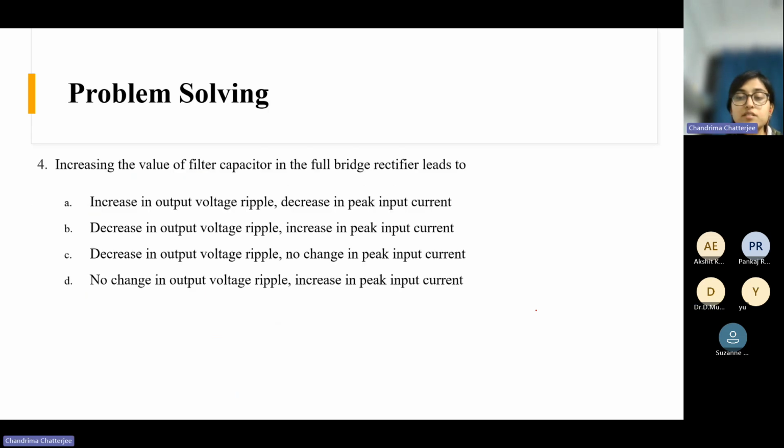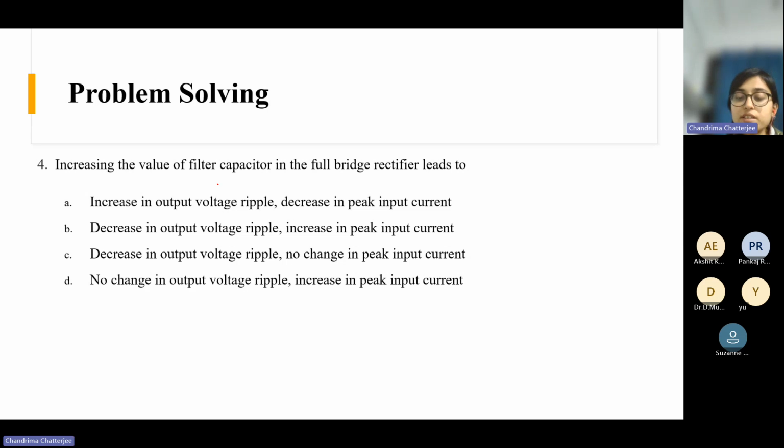So next question. Increasing the value of filter capacitor in the full bridge rectifier leads to... This one, you try to answer it. What will be the correct option?